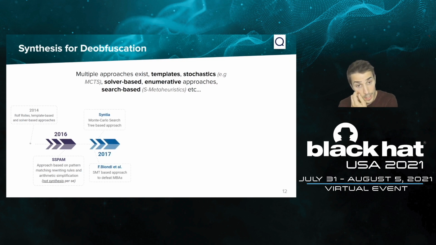Then in 2017, you have the work of Syntia that was published at USENIX, and they use a stochastic approach using Monte Carlo tree search. I'm not going to describe that approach, but it's a really interesting approach. Lately, in 2020, we published some results in an academic venue about our approach that we called QSynth, which is based on an enumerative search.